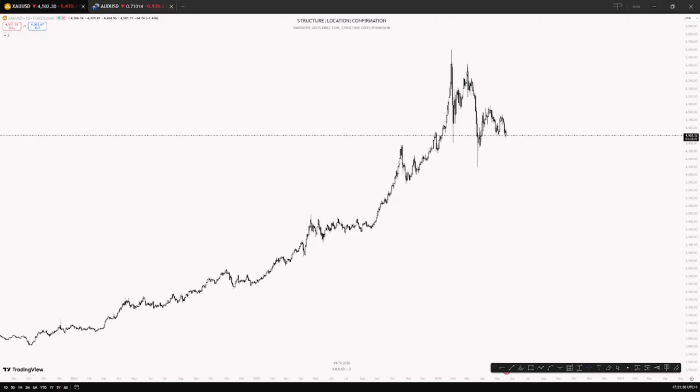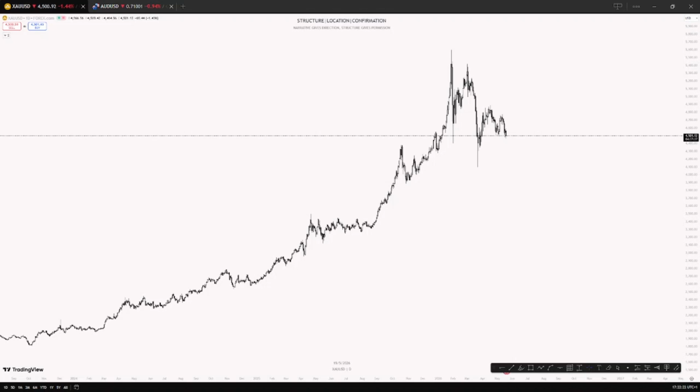Now, firstly, just for a bit of context, order flow is basically the real-time movement of buy and sell orders in the market. It shows you who is in control, either the buyers or the sellers. I want you to think of it like this: price doesn't move randomly. Price has a reason for moving. Price moves because orders have been executed, either by banks, institutions, or even retail traders placing buys and sells.